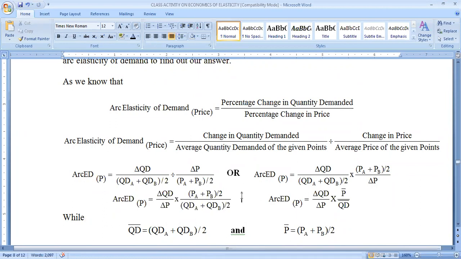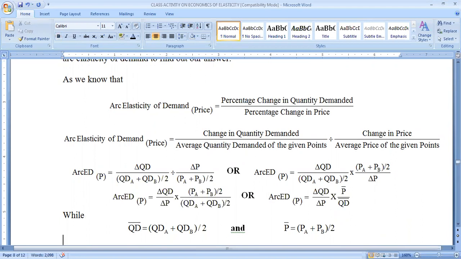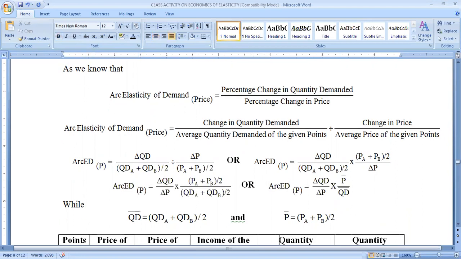Or arc elasticity of demand can simply be written in terms of formula as delta QD over delta P multiplied by P bar over QD bar. What is QD bar? It is average quantity demanded of 2 points. What is P bar? It is average price of 2 points.